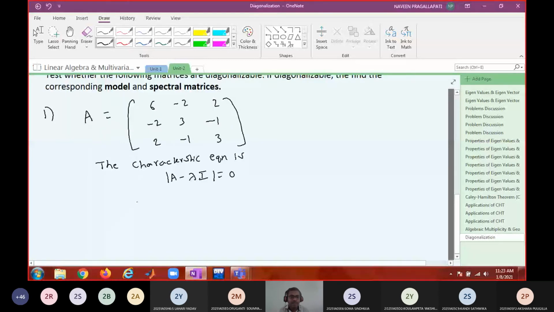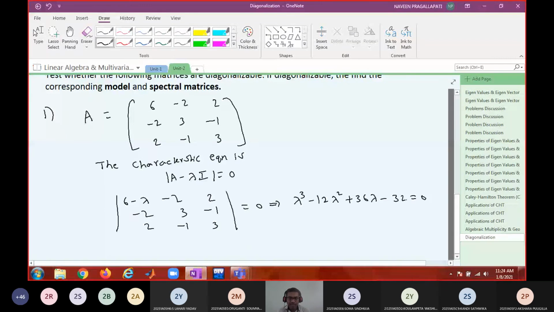Lambda cube minus 12 lambda square plus 36 lambda minus 32 equals 0. So from this, lambda equals 2, 2, 8 are the eigenvalues.